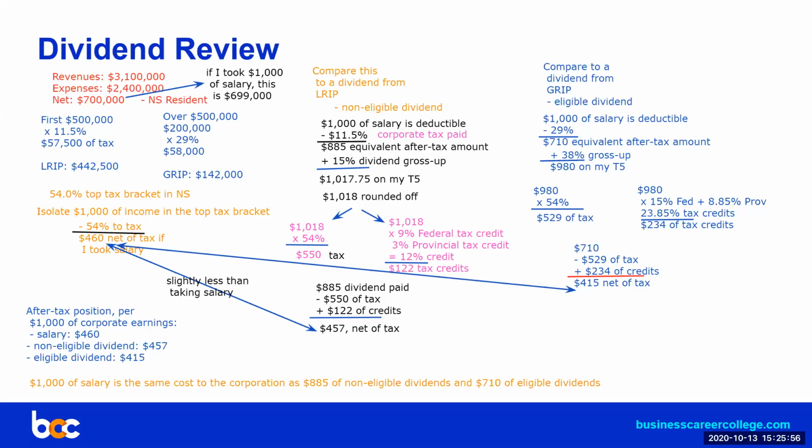$41.5%. That's right. Crazy. It's right though, Melanie. Here, I'll show you this. If you do the effective tax rate on this, you would say you started at $710 and you lost 415 to tax, divided by 710.